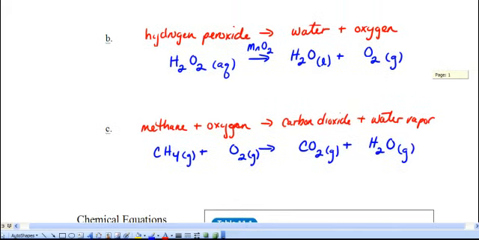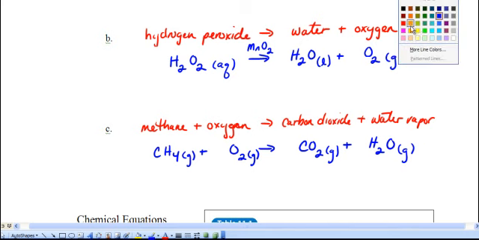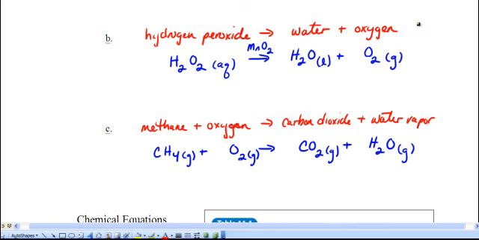So the only thing we should note, I'll just go ahead and draw an arrow, let's do this in green. That particular thing there, that's our catalyst. And again, those speed up reactions.